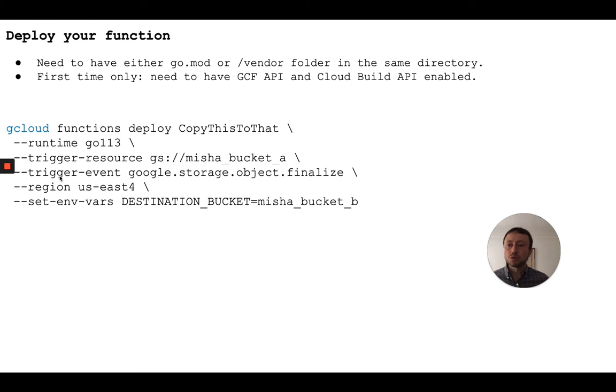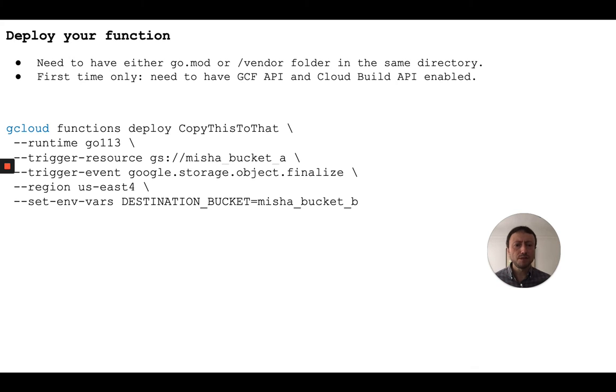So let us actually try and deploy it and see what happens. Before you deploy a Cloud Function, you need to do two things. One is you need to make sure that you either have your Go mod with all the dependencies specified in the same directory as your Cloud Function, or you need to have vendoring activated.